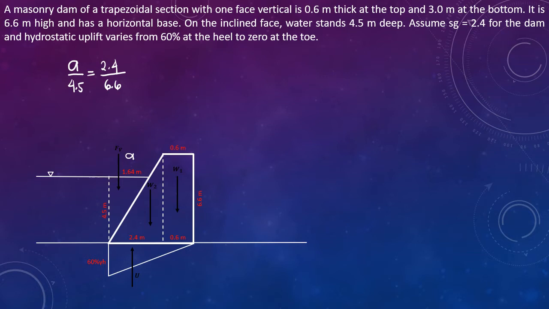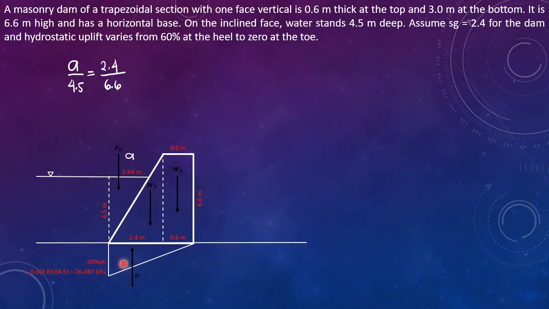We also have the hydrostatic uplift U at the bottom of the dam. And to solve for hydrostatic uplift, we need the area of this pressure diagram, which is again a triangle. But first we need to solve for the altitude of that triangle, which is 60% gamma h.